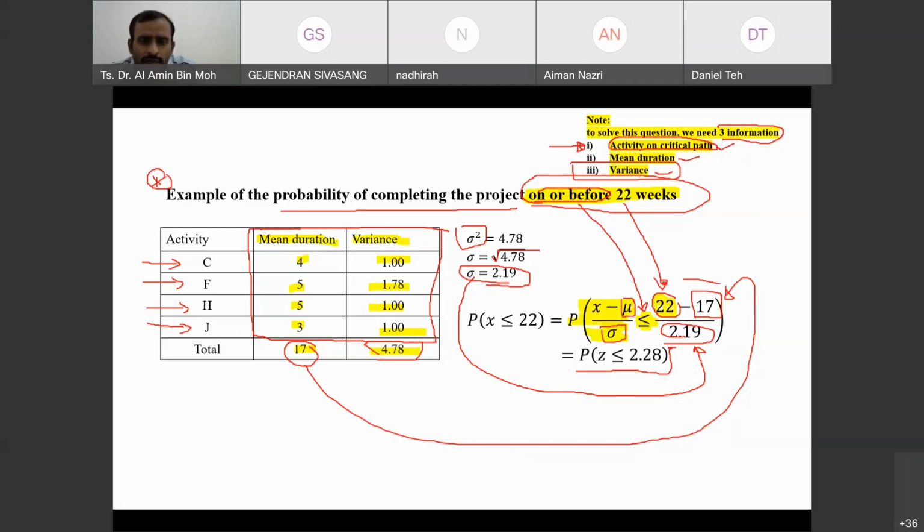Did you get it? Can you calculate 22 minus 17 divided by 2.19? What did you get? 2.28. Is it exactly 2.28?